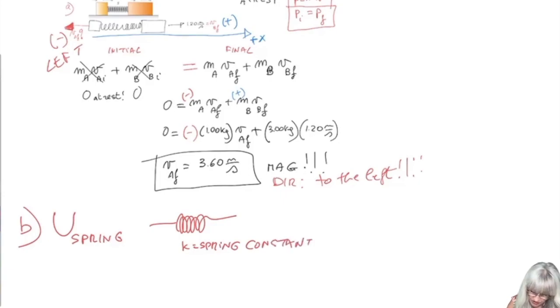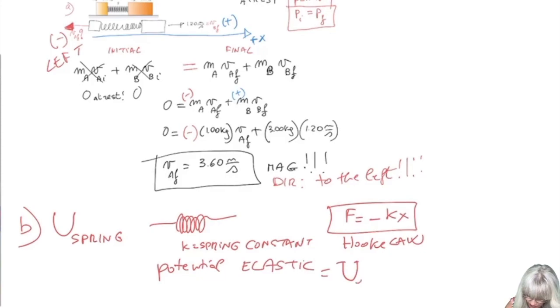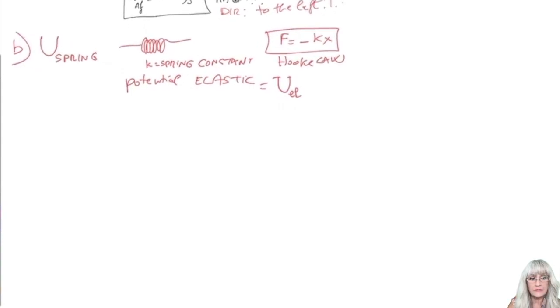All the time you have a spring, I want you to think about Hooke's law right there, and that the potential energy of a spring is really called elastic potential. So it's what we called in the past capital U_EL, abbreviation for elastic.